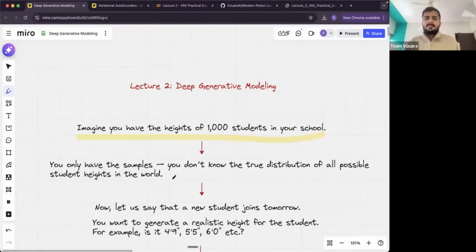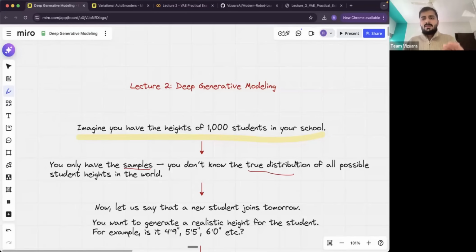So first we'll take a simple example. Imagine that you have the heights of 1,000 students in your school, and you only have the samples of the heights. You do not know the true distribution of all the possible student heights. So it can be any distribution, but you have no idea what the true distribution is.